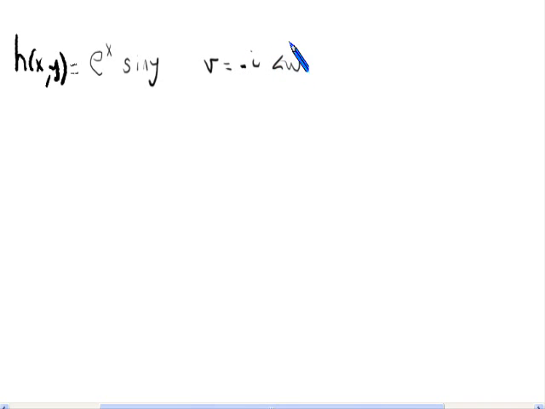And they want me to evaluate this at the point P, 1, pi over 2.